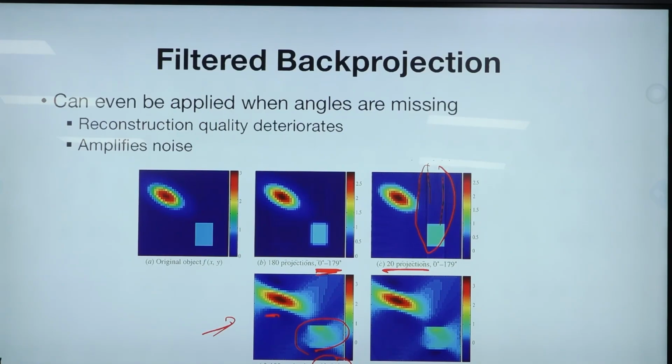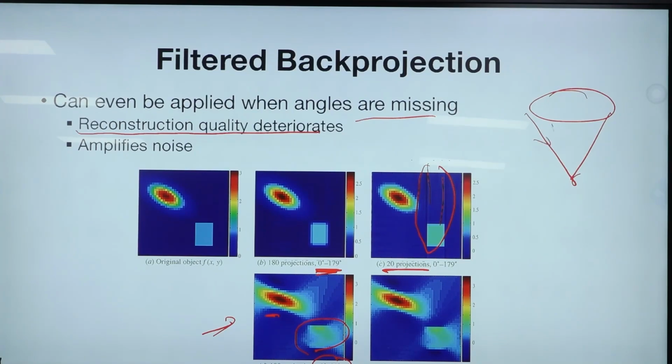Okay, so the reconstruction quality deteriorates if there are missing angles, and this is a common problem. For practical reasons, sometimes you may not be able to get all the angles, and this is especially true in optics, where you're sending light from one direction, say you have a lens and you're focusing light onto it.